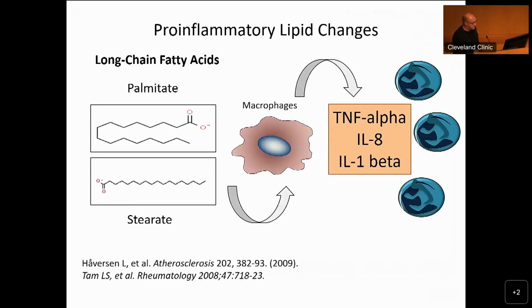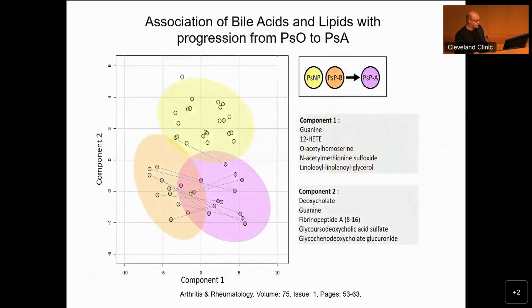Just going back to these metabolic changes, we know that, for instance, palmitate and stearate, which are both long-chain fatty acids, have a quite strong capacity to trigger the release of TNF-alpha, interleukin-8, which is a neutrophil attractant, and interleukin-1 beta from macrophages, thereby providing a link between the altered metabolism and the inflammation in psoriatic disease.